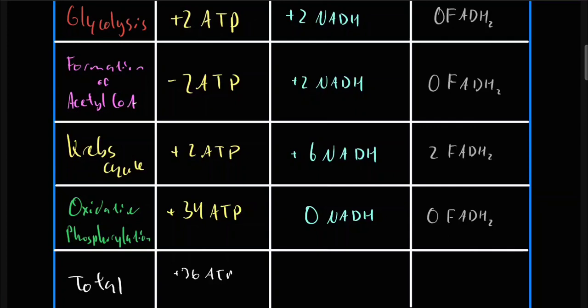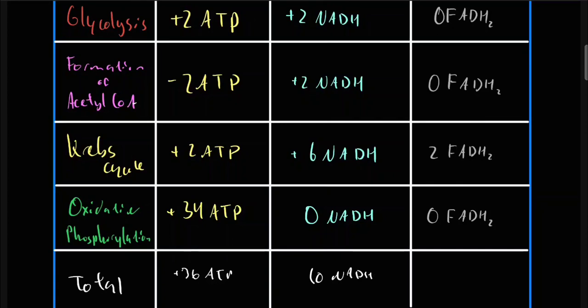ATP is made. Now, some textbooks will say 38 because they do not account for the formation of acetyl-CoA. Now, for the NADH, 2 is made through glycolysis, 2 is made through the formation of acetyl-CoA, and 6 is made through the Krebs cycle. None is made in oxidative phosphorylation, so a total of 10 NADHs are made.